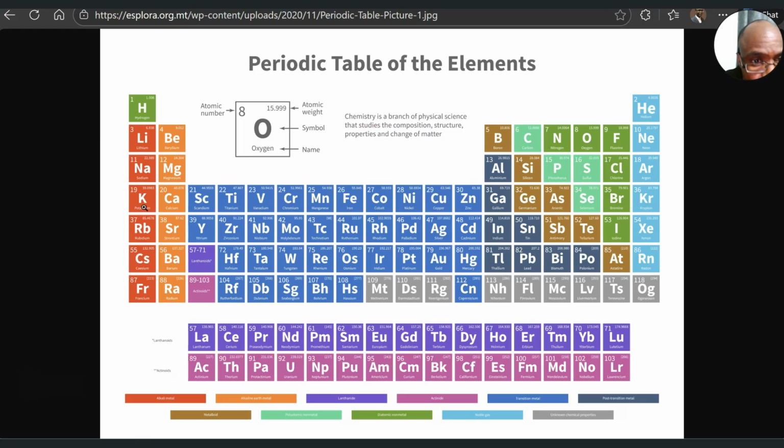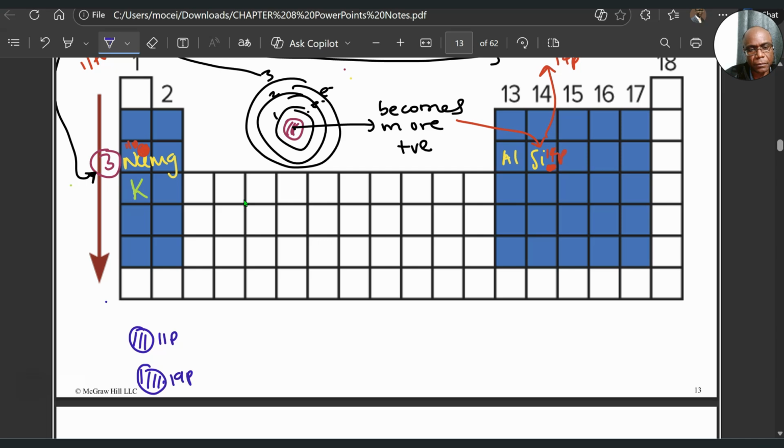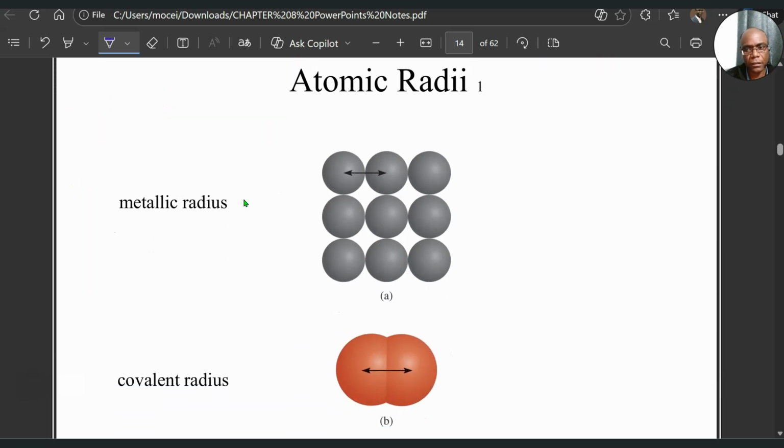Potassium is right here. Potassium has 19 protons. So this has 11 positives, and this has 19 positives in the nuclear charge. And so you'll expect that the effective nuclear charge will increase as you go down a group in the periodic table. The nuclear power will be more in potassium than in sodium because potassium has more positive charges, 19 protons.